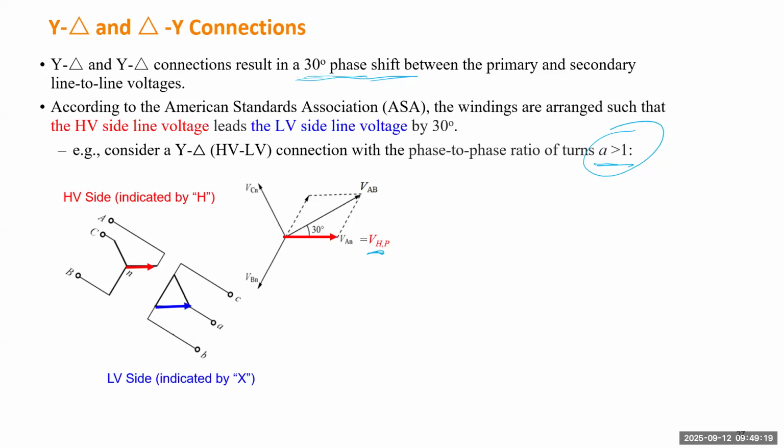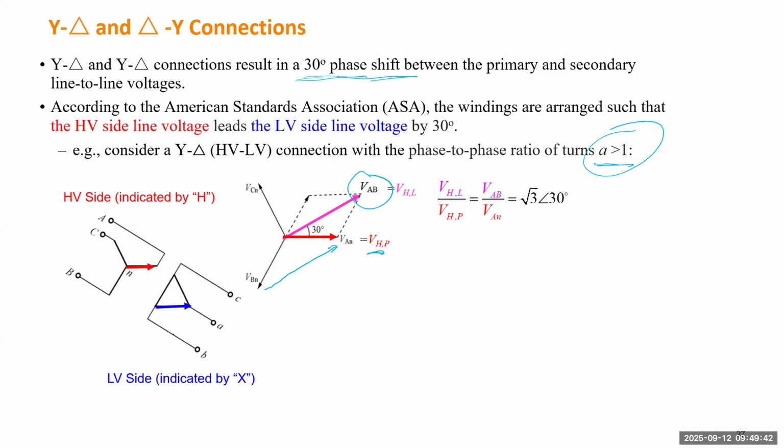So the line voltage will be, for instance, if we draw the VAB, a phasor starting from VB to VA, right? So we utilize the triangle, and that will give you the VAB. That's the line-to-line voltage.